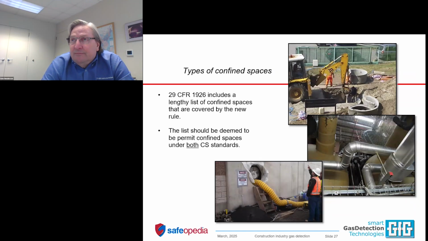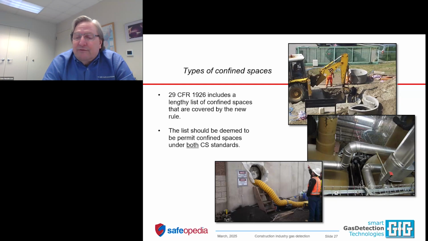Now, 1926, for construction. If you're new to this standard, you might think, well, holy smoke, I've been working in construction all my life. I don't think that's a confined space. OSHA cannot possibly think that's a confined space.